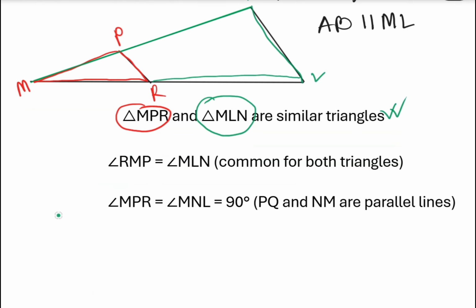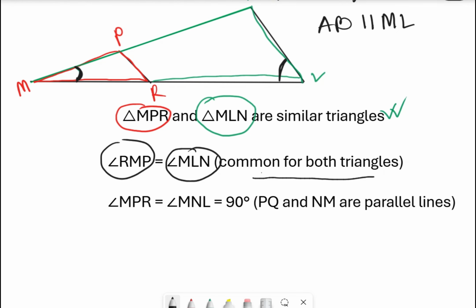Because the angle RMP, let's use the black one anyways, and angle MLN, these two angles are common angles for both triangles, right?